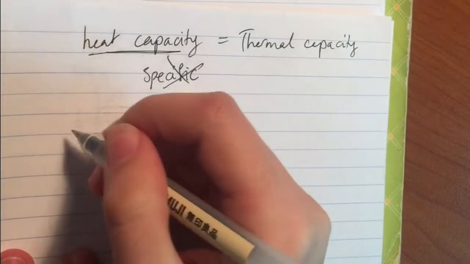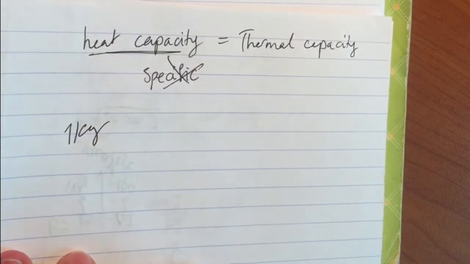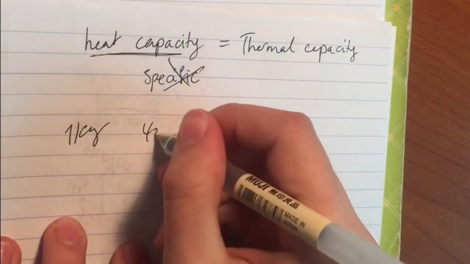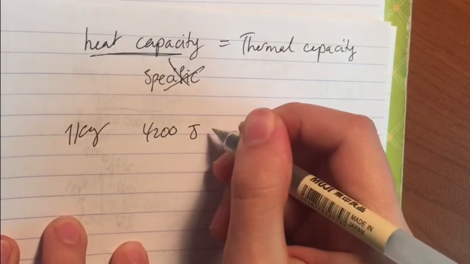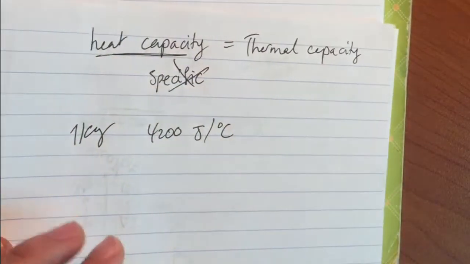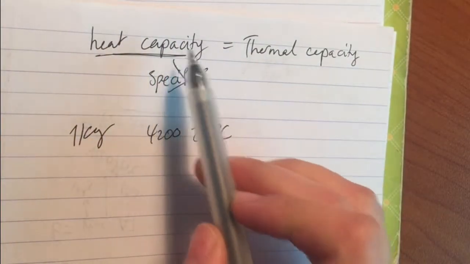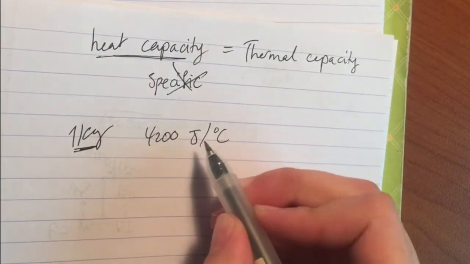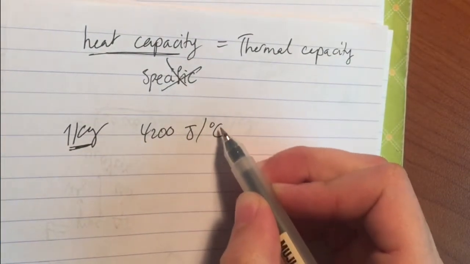So for 1 kilogram of water, the amount of energy that you can store in that water is measured in joules per degree Celsius. So the heat capacity of water for that 1 kilogram, you can store 4,200 joules for each Celsius change.